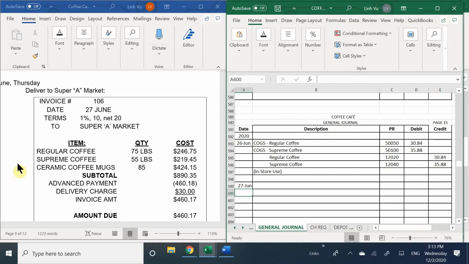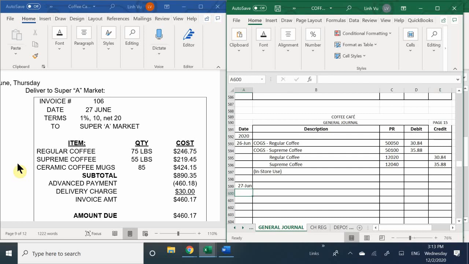Items are regular coffee, 75 pounds for $246.75. Supreme coffee, 55 pounds, $219.45. Ceramic coffee mugs, 85 for $424.15.